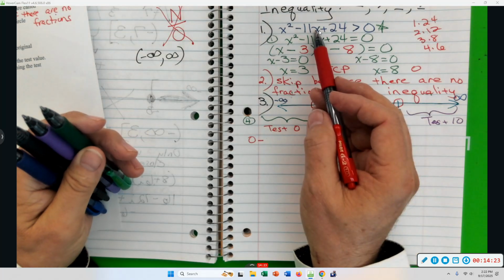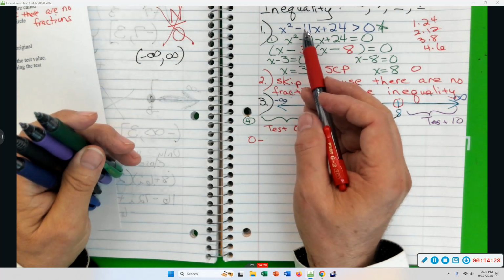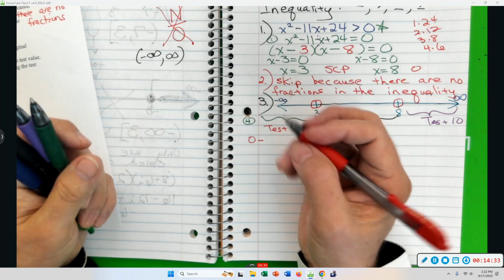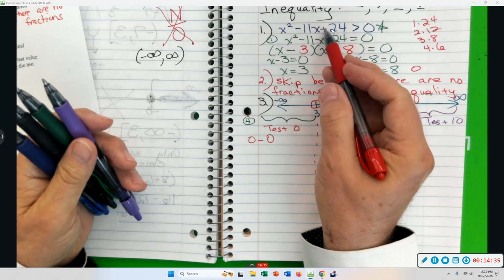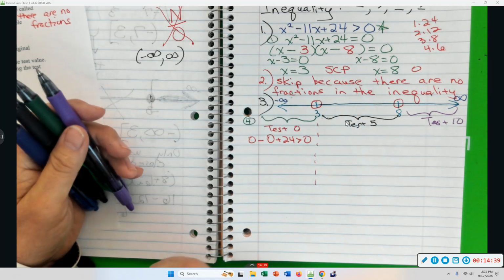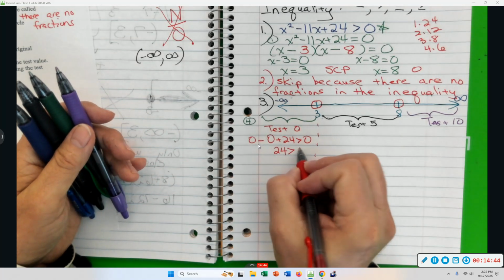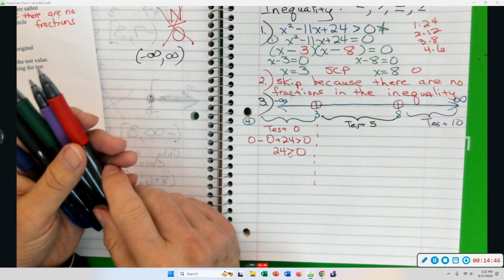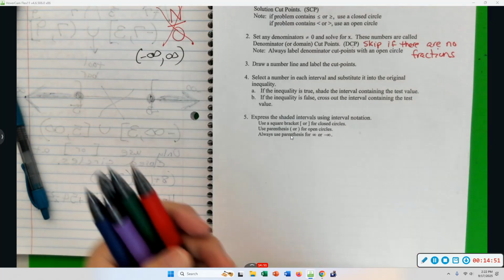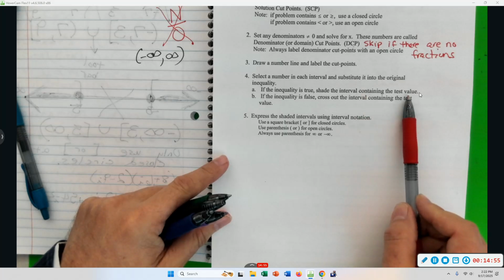Y'all can do that in your head. 11 times 0 is 0. And we still have a plus 24. Is that bigger than 0? We have 24 is bigger than 0. True or false? True.